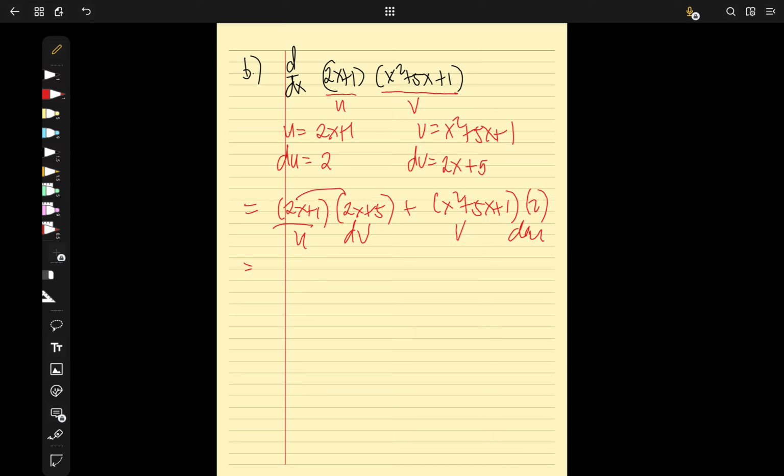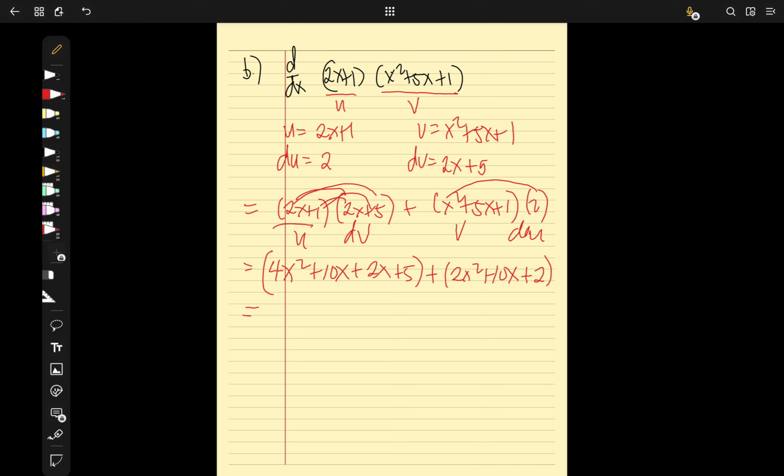So 2x times 2x is 4x squared. 2x times 5 is 10x. 1 times 2x is 2x. Then 1 times 5 is 5. Plus, pamigay natin yung 2. Let's distribute. 2x squared plus 10x plus 2.